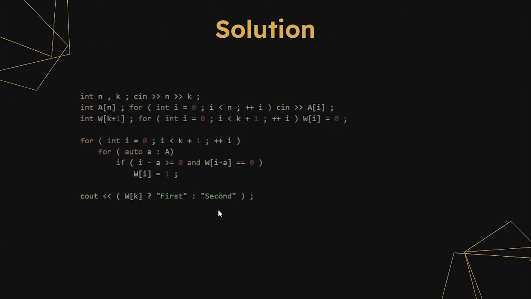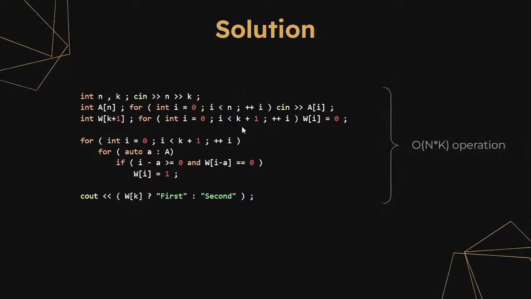So let's look at the code. The code will be very small. We take n, k input, and we take the a input, and we initialize, first of all, assume that all positions are losing positions. Then we find the answer for each position, then we iterate over a.